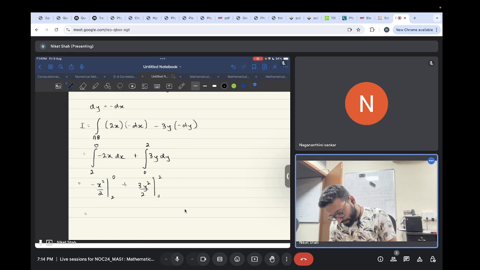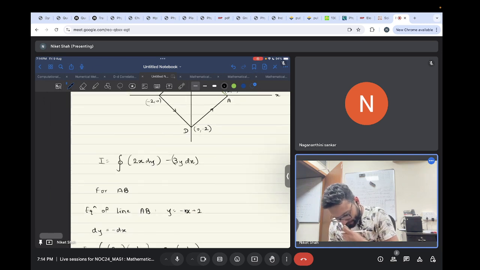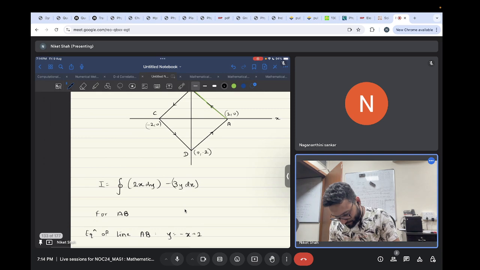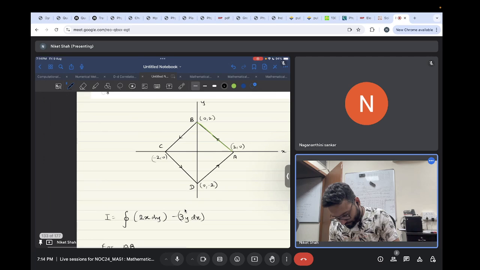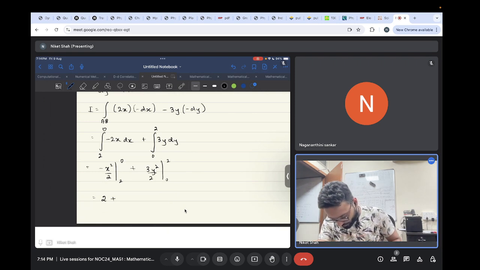So it is equal to 4 by 2, which is 2, plus 3 into 4, 12 by 2, which is 6. The first term gives 2 and the second gives 6. So this becomes 8.